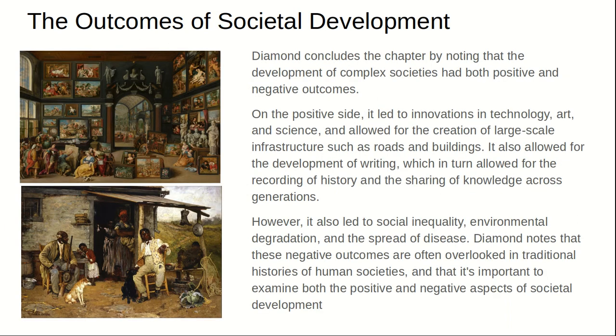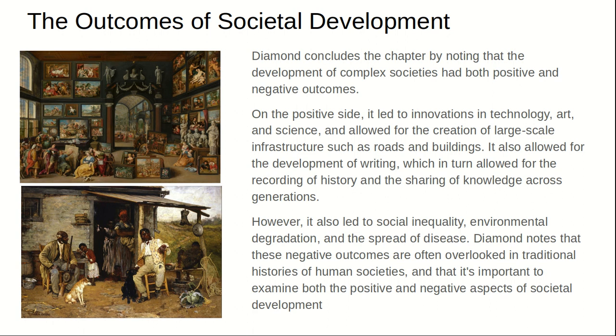The outcomes of societal development. Diamond concludes the chapter by noting that the development of complex societies had both positive and negative outcomes. On the positive side, it led to innovations in technology, art, and science, and allowed for the creation of large-scale infrastructures such as roads and buildings.